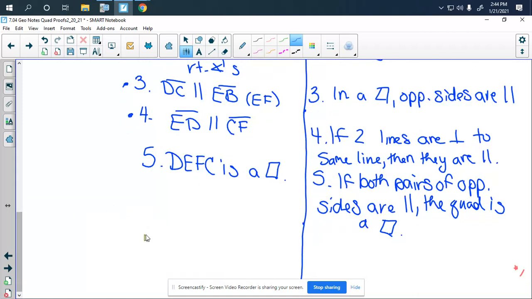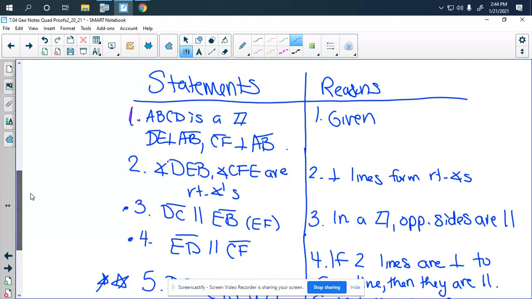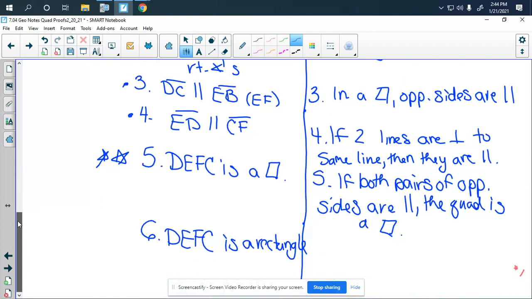And then we're trying to prove that DEFC is a rectangle, which again, if we can get it to be a parallelogram with a right angle, we have a rectangle. So now I have that it's a parallelogram, and I have that an angle inside of that parallelogram is a right angle.